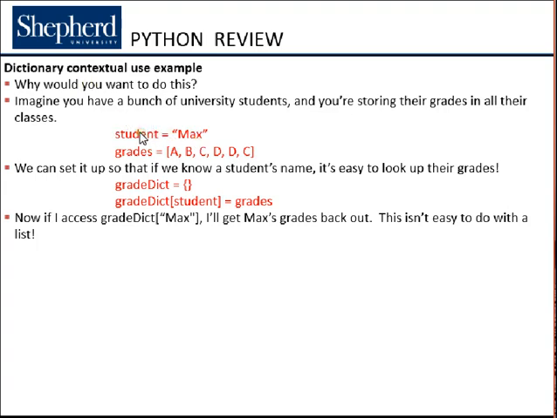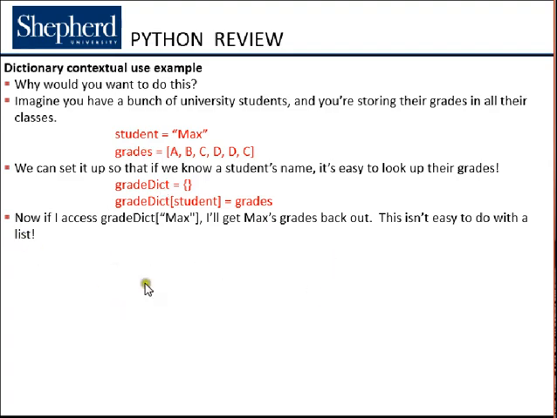So we assign Max to a string variable called student, and we assign a list of their grades to a variable called grades, which holds that list. Now we can set it up so that if we know the student's name, we can easily look up their grades. To do that, we use a dictionary because we want to use Max as a key, or the student's name, whatever it would happen to be, as a key. And of course, we can't do that with a list. We need a dictionary for that.